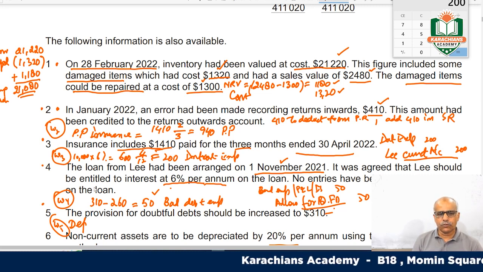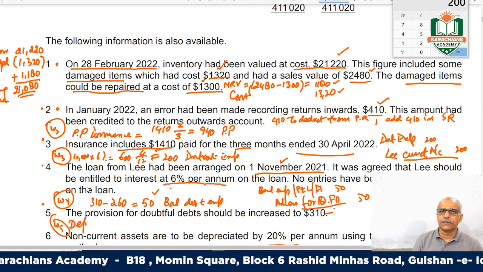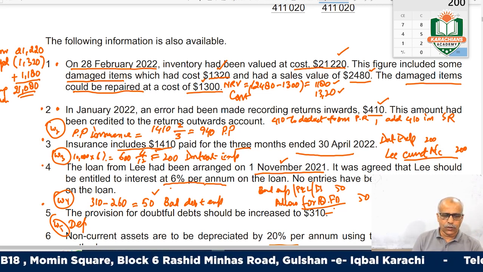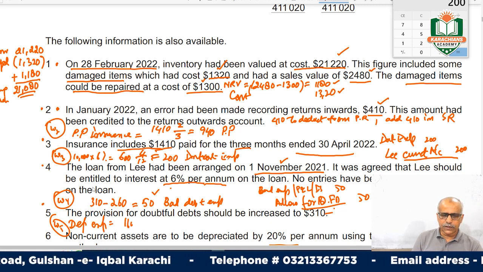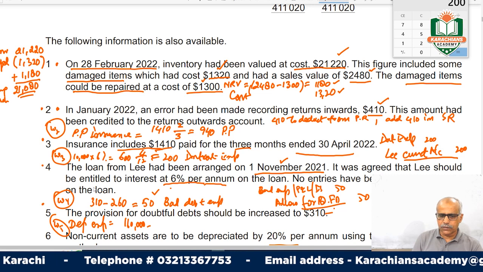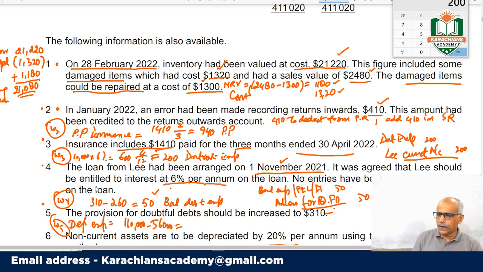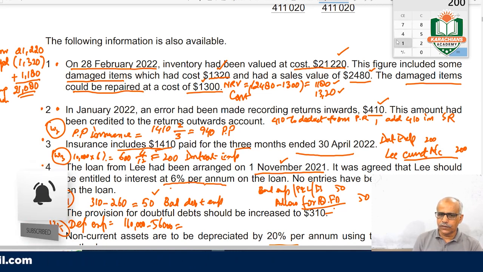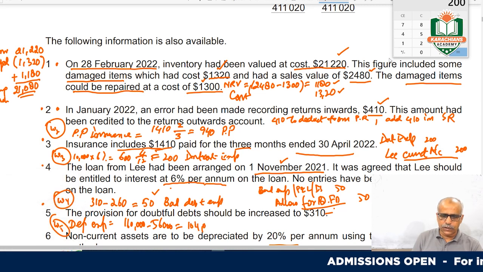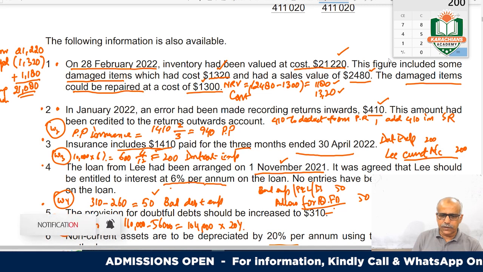You all have to do all this working on the attached sheet that will be given to you, okay? So how much would the depreciation expense be? 160,000 is the total cost minus 56,000, so your reduced value or written down value would be 104,000, and on this you will calculate 20% depreciation.